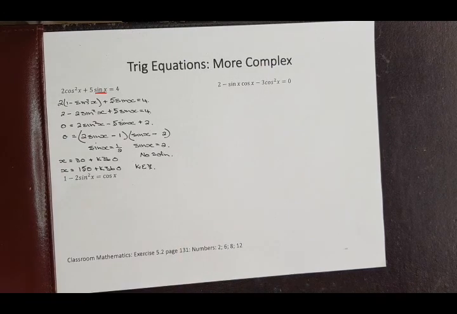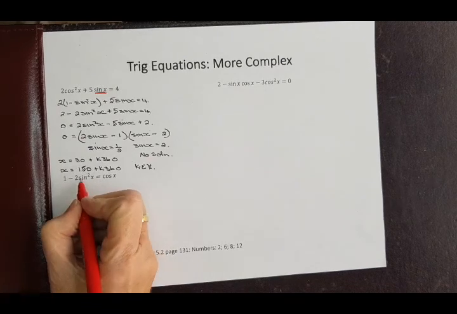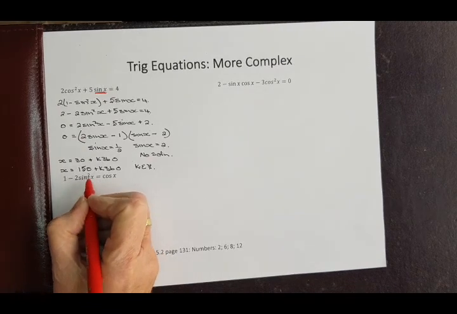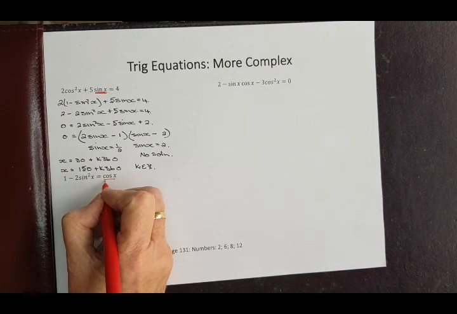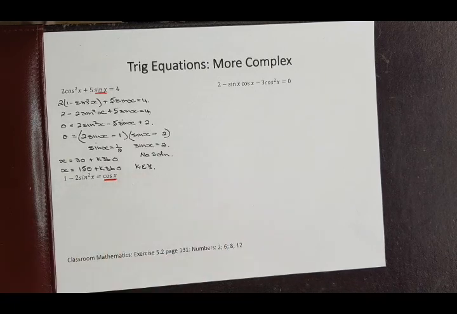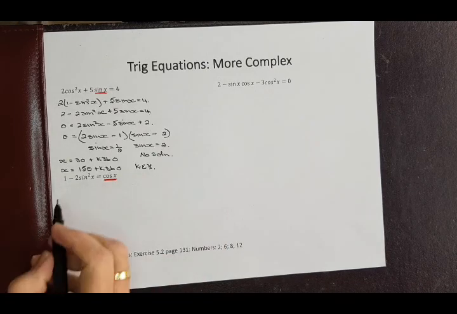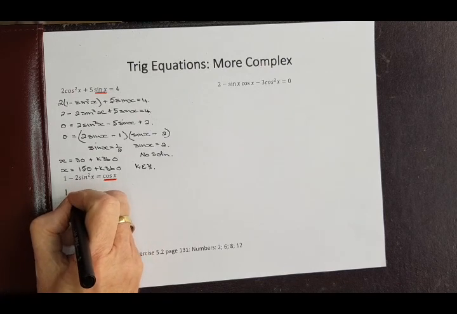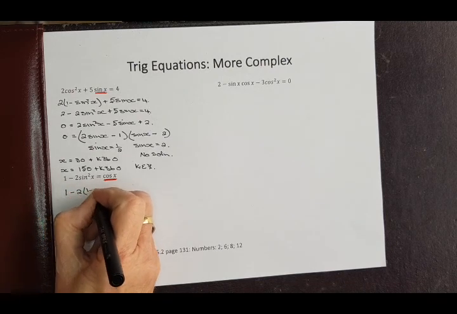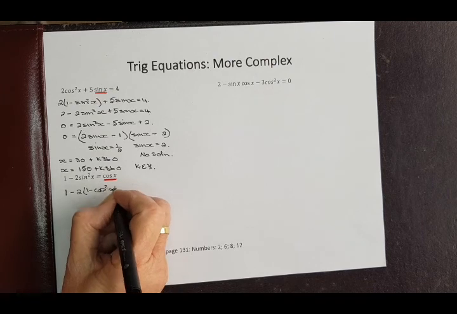All right, the next question I've chosen to do, again it's going to be a quadratic. You've got a sine squared x, but now your potential middle term is going to have a cos x. So that means I want to replace the sine squared term with a 1 minus cos squared x.